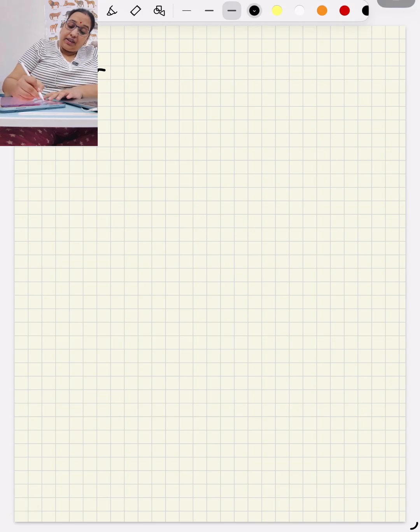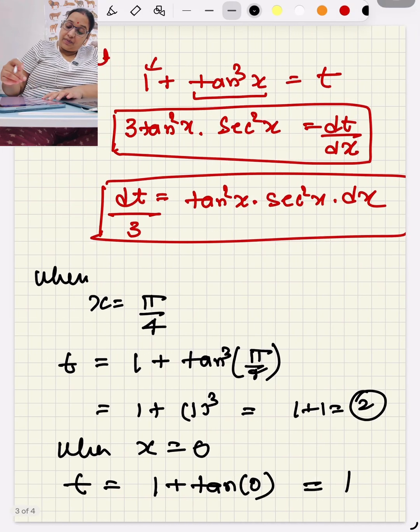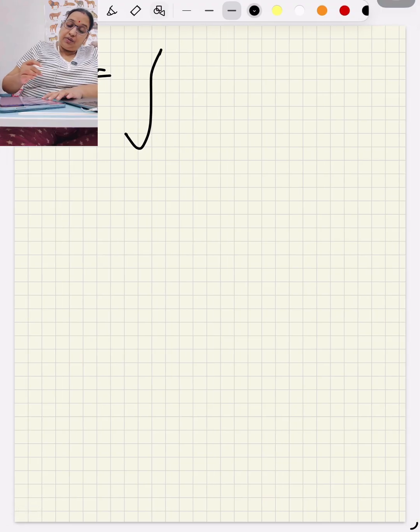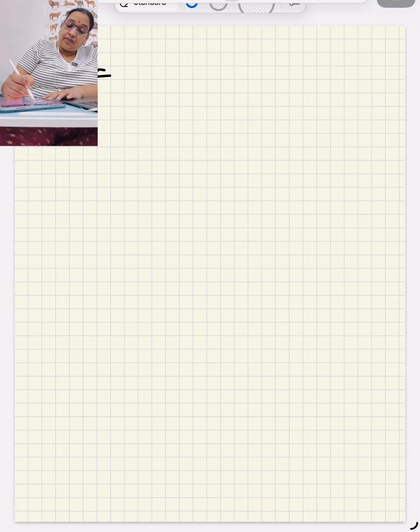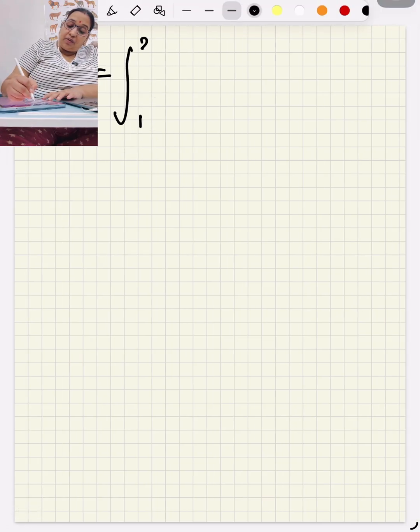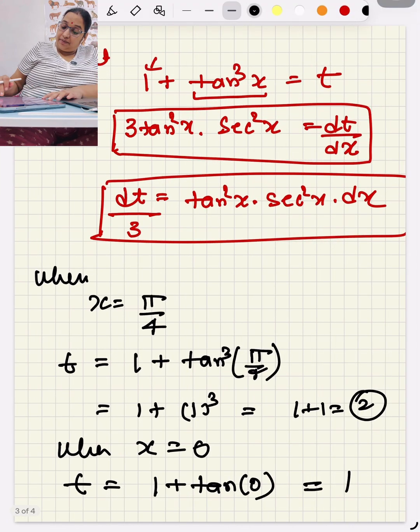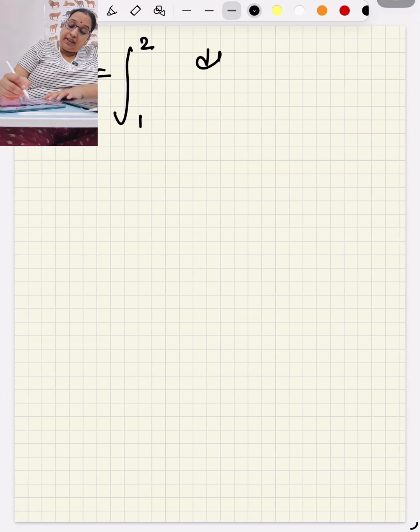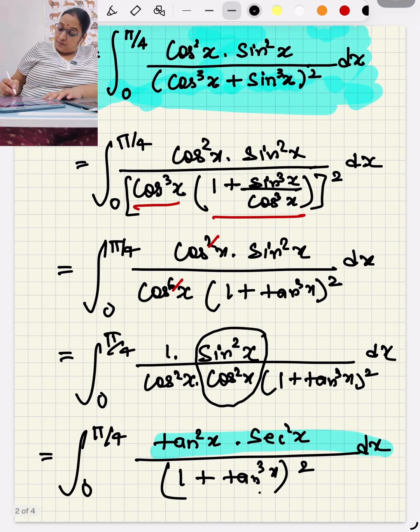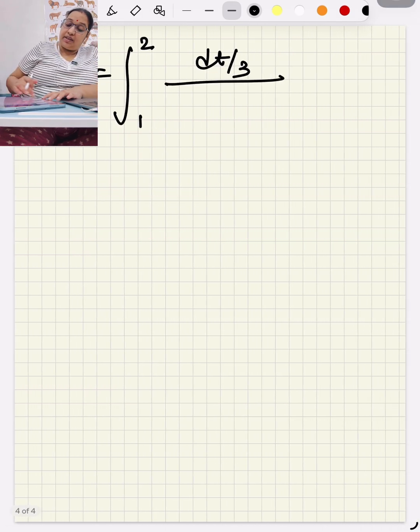So the integral becomes 1 to 2, and we are left with dt by 3 over 1 plus tan cube x is t, so this is t square, right?